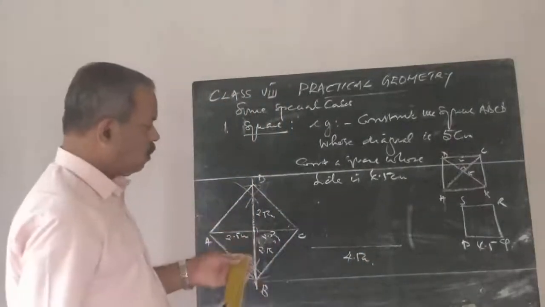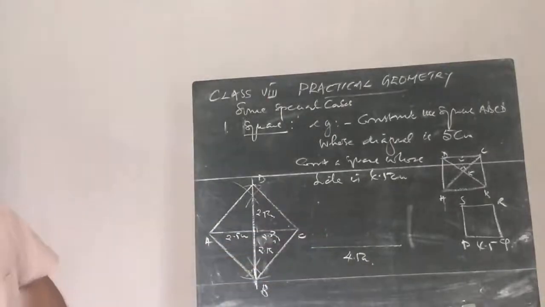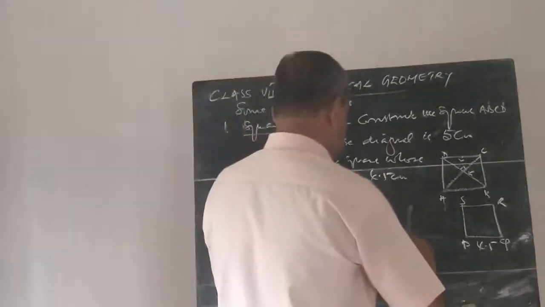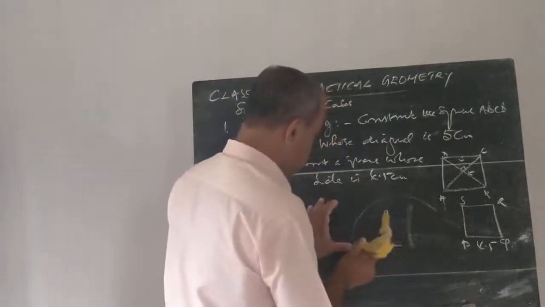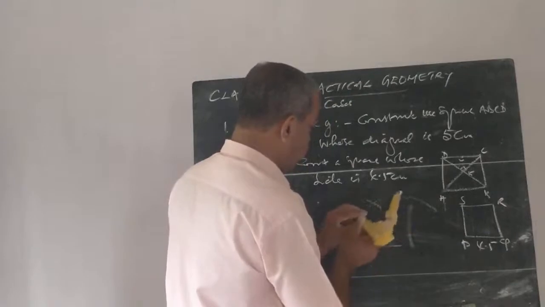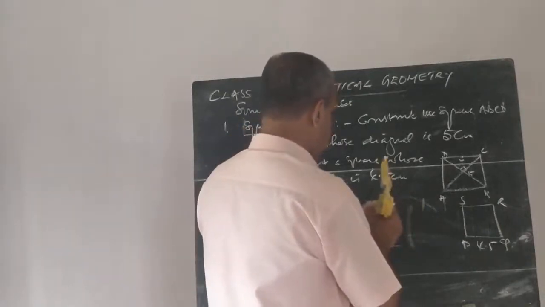Then one side. Then how can we draw the next side? The next side is perpendicular to the first side. So draw a perpendicular from here also.